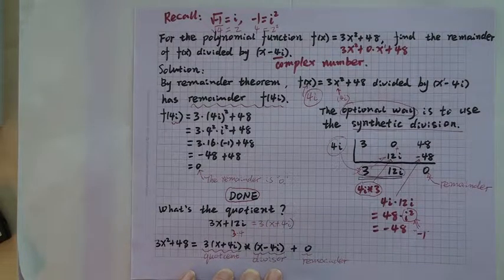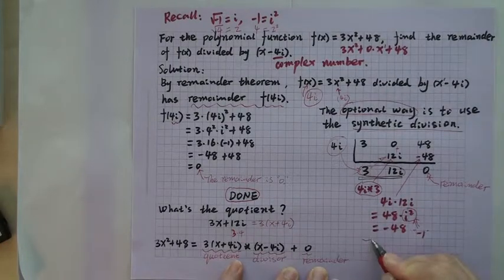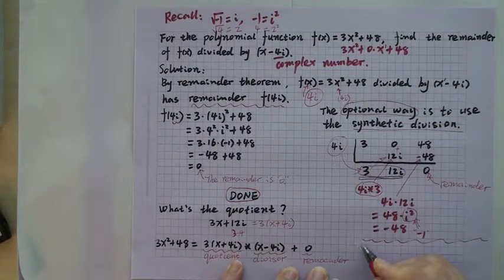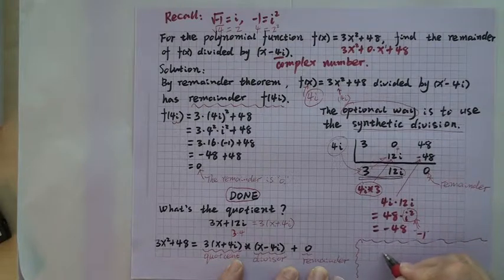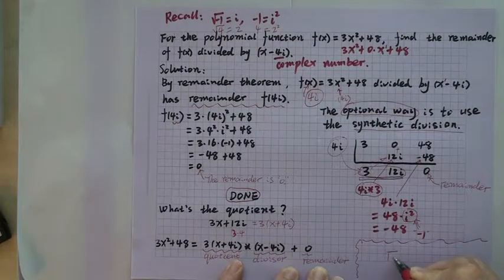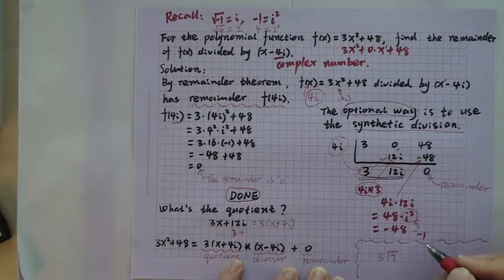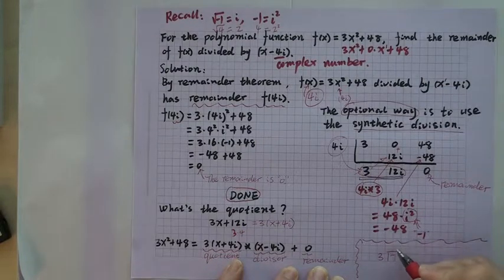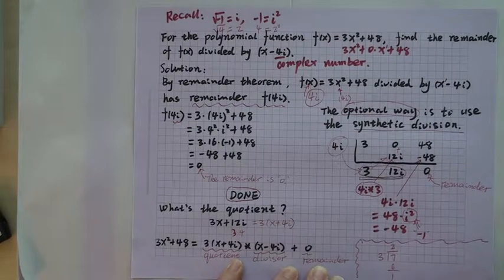Recall, let me put something extra here. It's like 7 divided by 3. You put 2 here. 2 times 3 is 6. And then you do subtraction, so you have a 1 here.